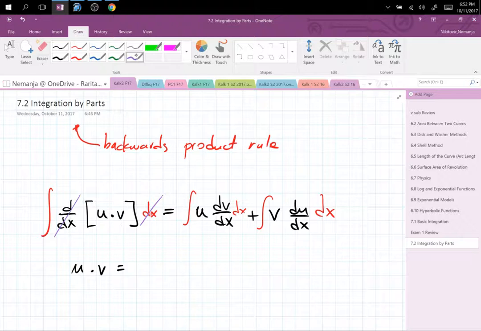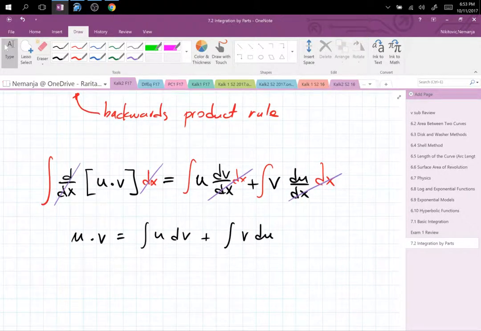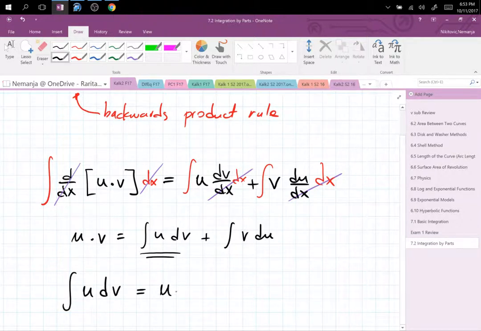On the right-hand side, only these dx's cancel, and you are left with integral of U dV plus the integral of V du. And now you solve for integral of U dV as U times V minus integral of V du.